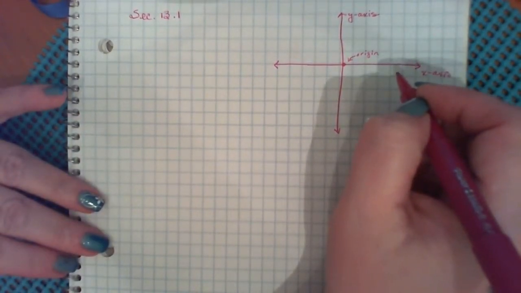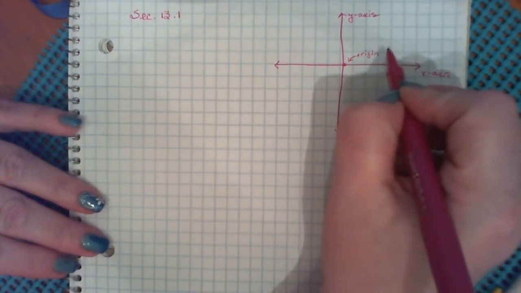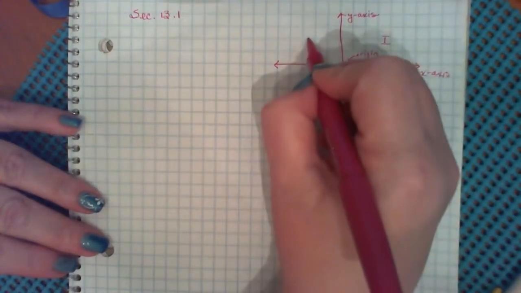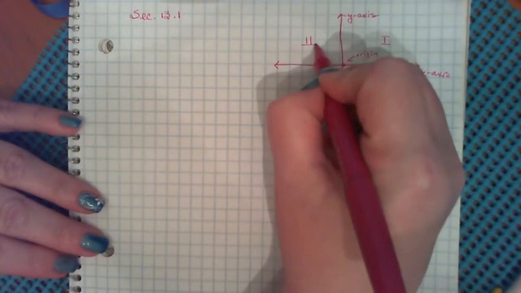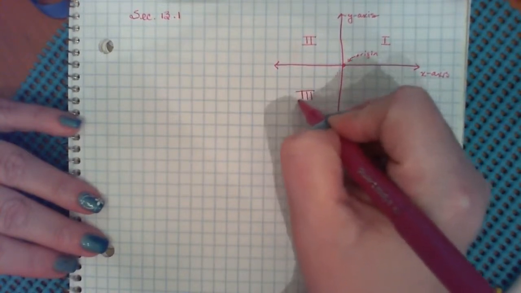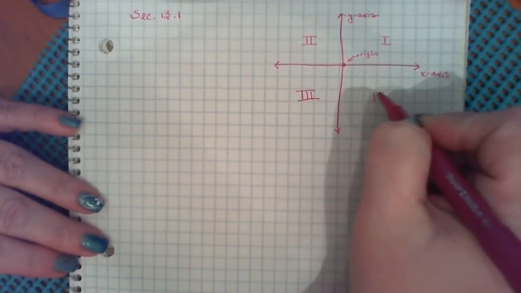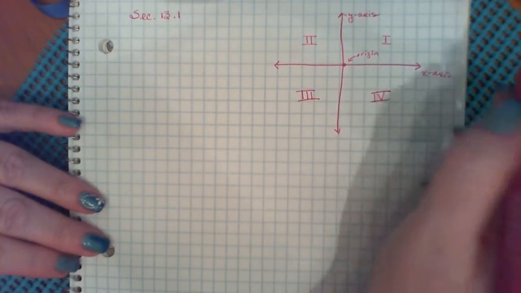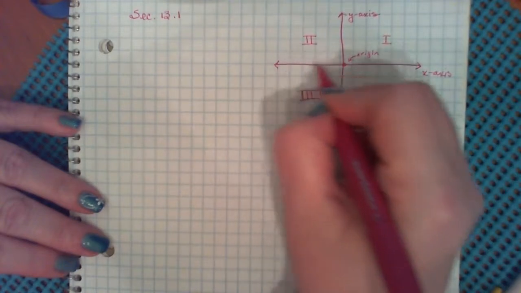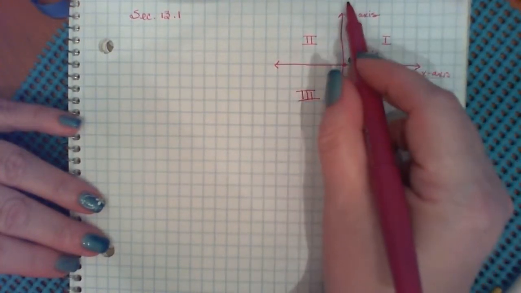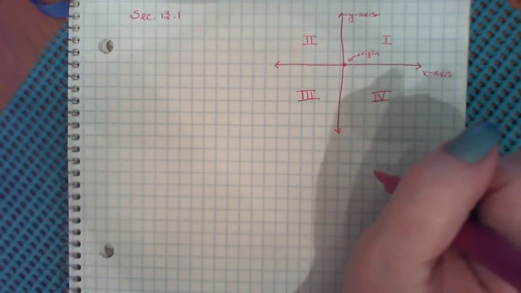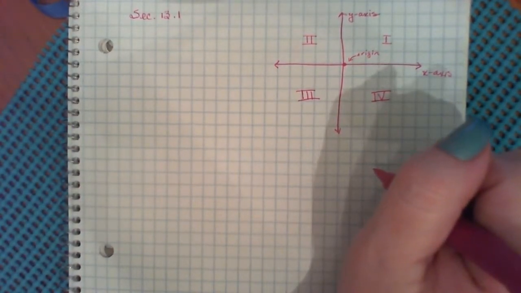They are the first quadrant up here, the second quadrant, the third quadrant, and the fourth quadrant. And of course, these are our positive numbers, and those are our negatives for our x, and these are positive for our y, and our negatives for our y. Help you remember a little bit.